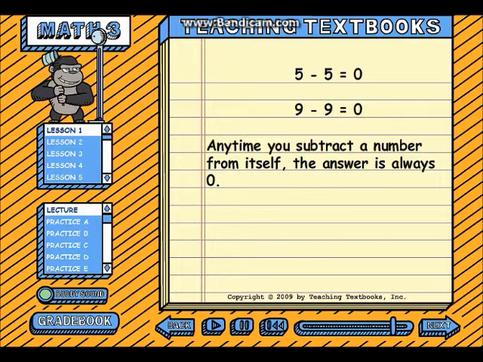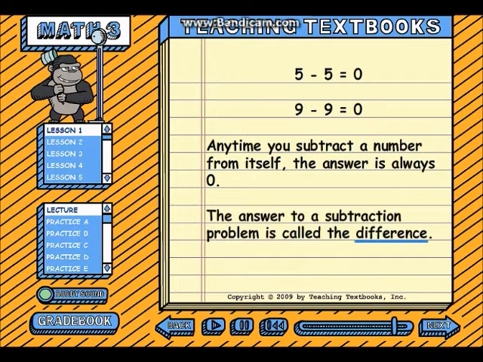Actually, the answer to a subtraction problem is called the difference. So when you subtract a number from itself, the difference is always 0. That's another way to say it. What's the difference in the problem 8 minus 8? Exactly right. When you subtract a number from itself, that always equals 0. So the difference here is 0.